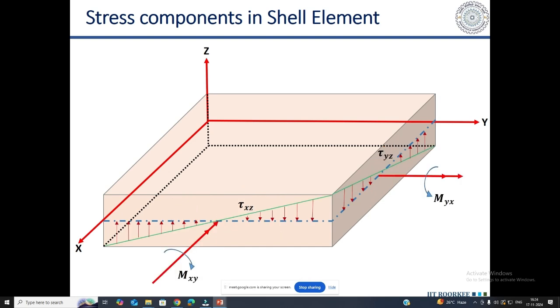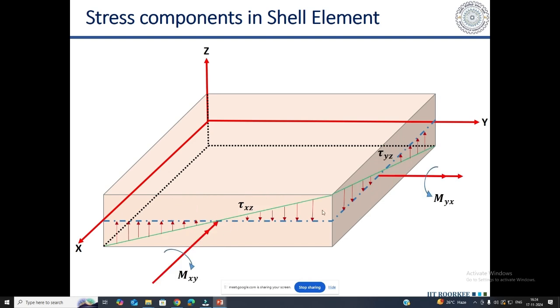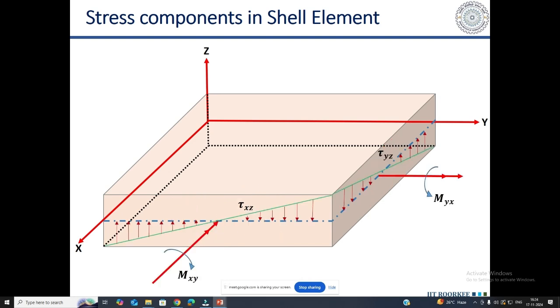Next, another possibility, this is also tau yz. Now if you compare this tau yz with this one, the stresses are similar but they are caused by different phenomena. In the first case, these were generated because of normal forces. There is no moment, just a force acting upward, which is generating the stresses.